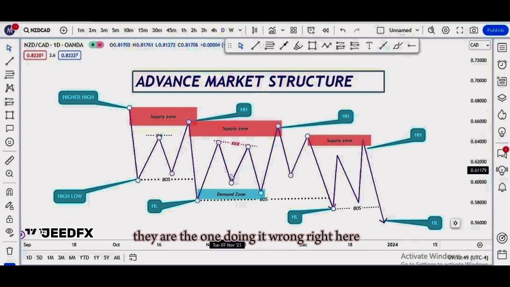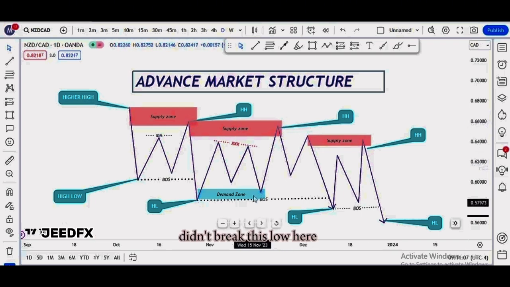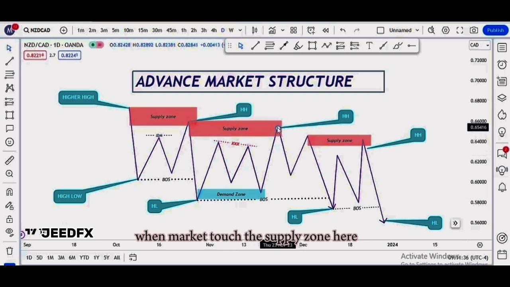And they keep wondering why it's not working, and they don't know they are the ones doing it wrong. Right here, market went up to mitigate the supply zone, came down, didn't break this low here. Market hasn't broken the low here. We don't have any valid zone. When market touched the supply zone here, market changed character.